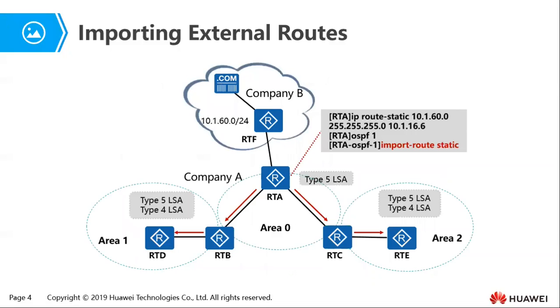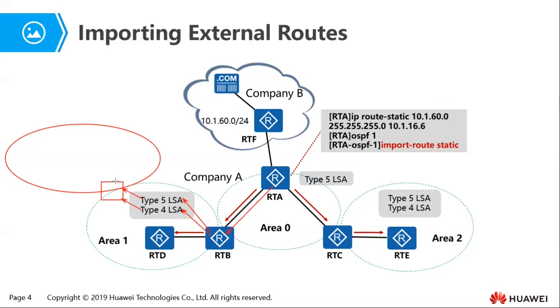Okay, so we've said that when the type 5 comes to the ABR, it will forward the type 5 LSA and also forward a type 4 LSA to this area. Now, in case we had another area here, for example, and we have a router, this router will receive the type 5 LSA and also the type 4 LSA.